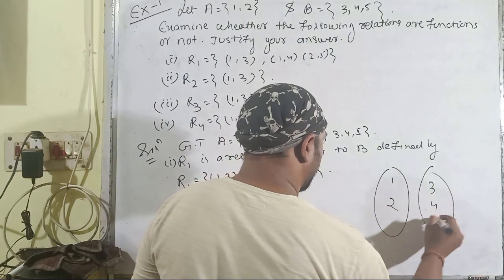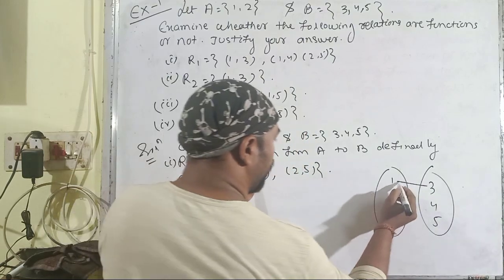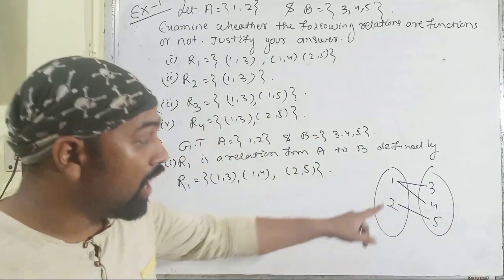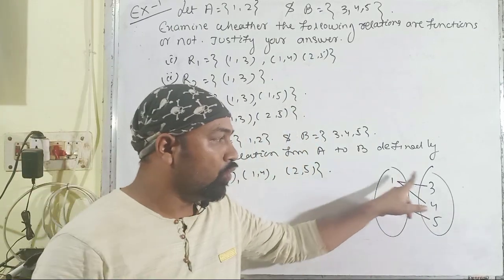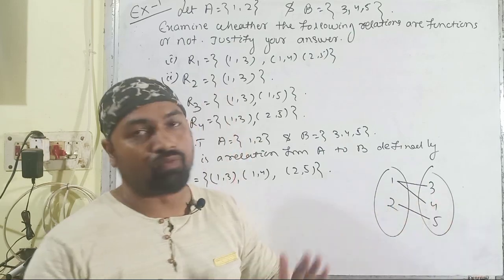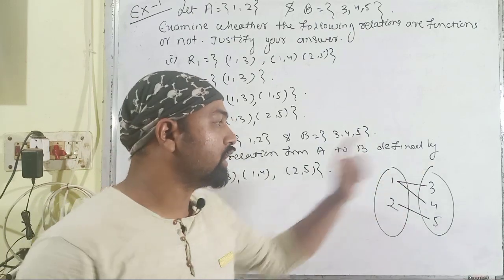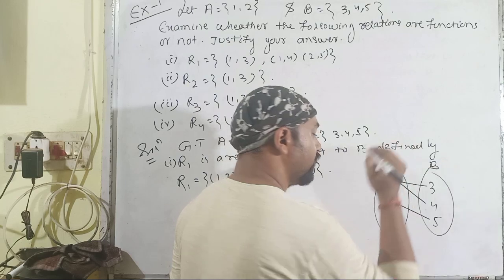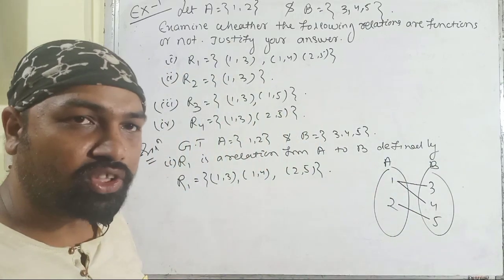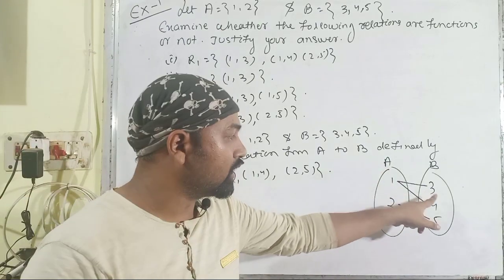Here it is given that (1, 3) is an ordered pair, then (1, 4) is also an ordered pair, then (2, 5) is an ordered pair. 1 is making 2 ordered pairs, one with 3 and the second with 4, and 3 is not equal to 4. So that means 1 has 2 images in the set B. So it is not a function. It is a relation, but it is not a function because the element 1 belonging to A has 2 images in the set B.